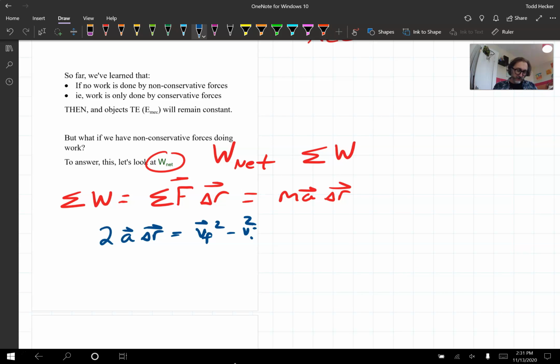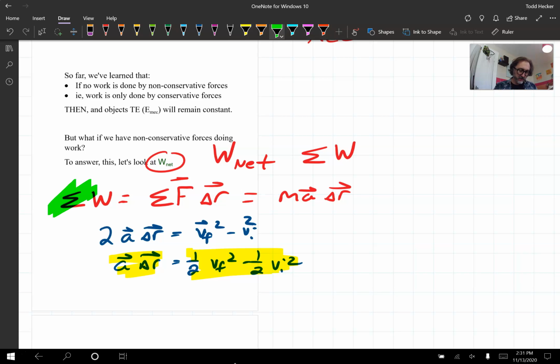So if I divide both sides by 2, I find that A delta R is 1/2 Vf squared minus 1/2 Vi squared, right? And so now what I can do is I can take this and substitute it with this. So my net work then, up here, my net work is going to become, well, let's see, I'm going to replace A delta R with this.